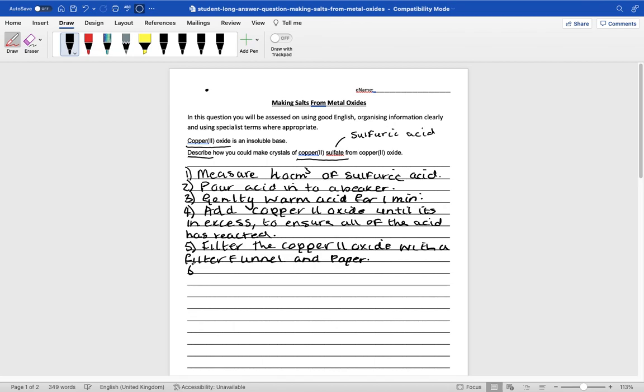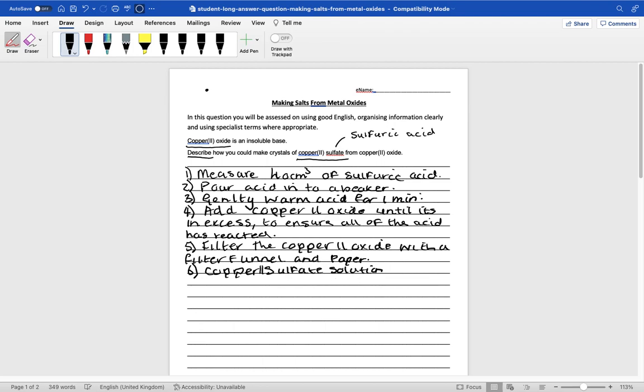So 6, we've got the copper 2 sulphate solution. Sorry, I missed my 2 out there. Copper 2 sulphate solution means we've got copper 2 sulphate in water.